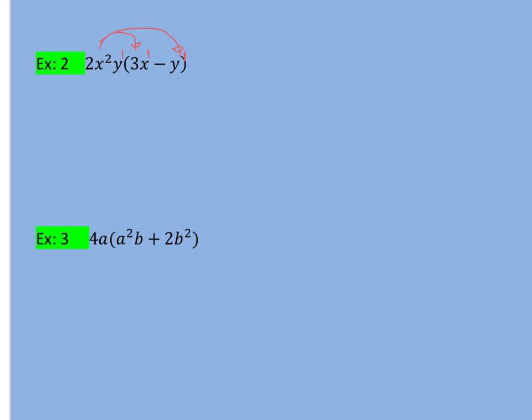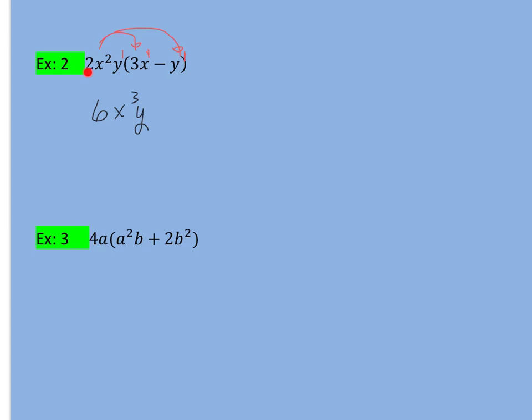So 2 times 3 is 6. x squared times x, add those exponents, you get x to the 3rd. And then y to the 1st times no y, well, you just bring the y to the 1st down and don't write it to the 1st power.